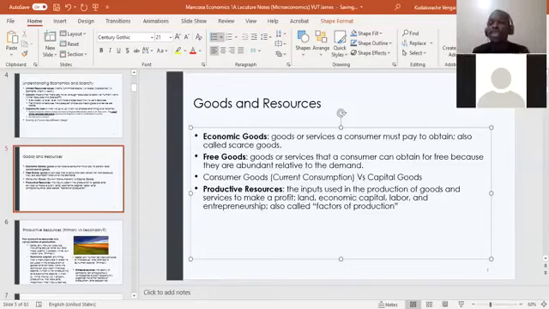The production possibility curve, or frontier, is basically just a graph with a curve on it, which represents all the things that we're talking about. It represents opportunity cost, scarcity, the various resources, and the goods. All these various things that we've introduced can be summarized into one specific graph.